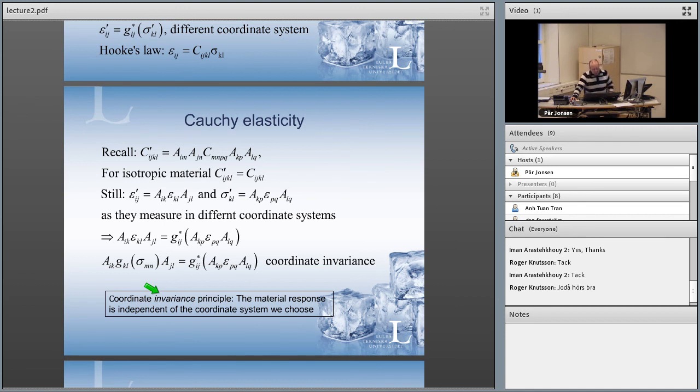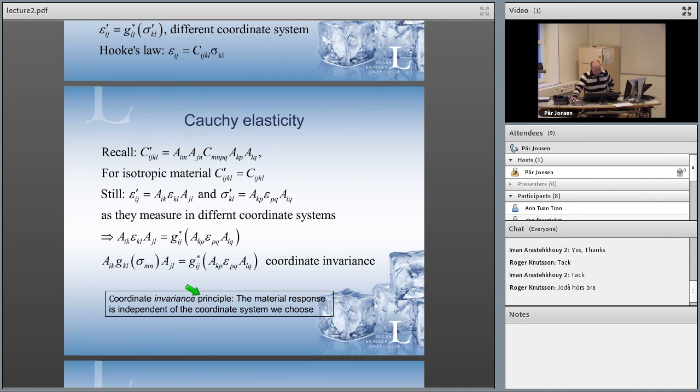And if you look at this relation, you have transformed your strain tensor into another system. Then you have this G star, okay? But it's dependent on the elastic, this strain tensor. So you need to transform this property also.